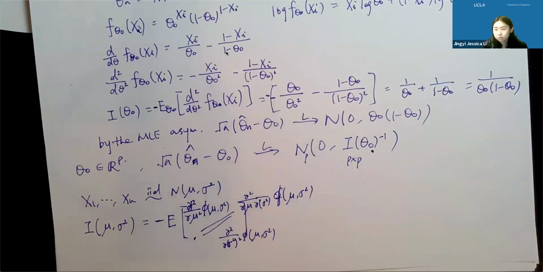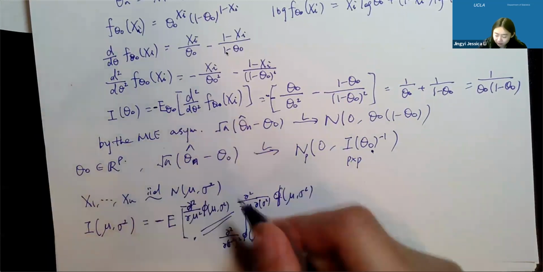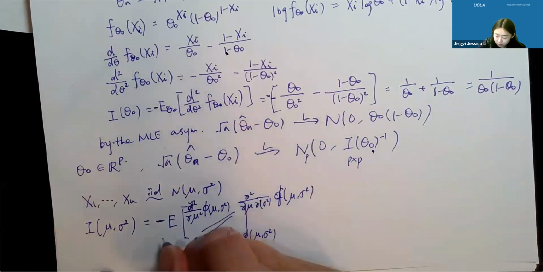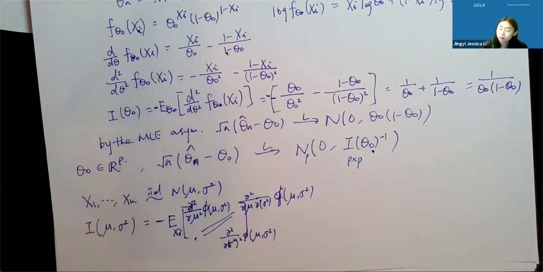So you derive this Hessian matrix by taking the normal density and its partial derivatives against mu and against sigma squared. As we know, it will involve x, so x will be what you take expectation for, the expectation for the random variable Xi that follows this. And that's how you calculate the Fisher information.